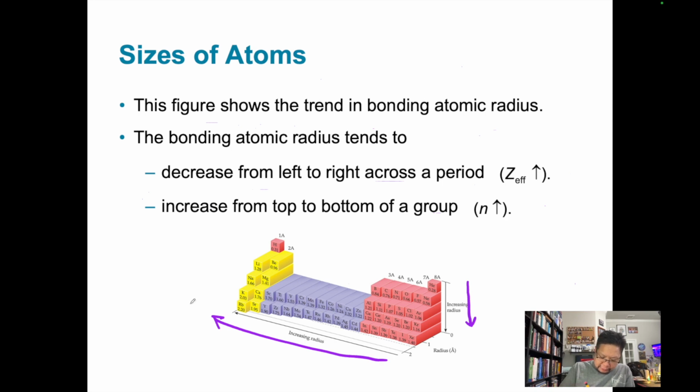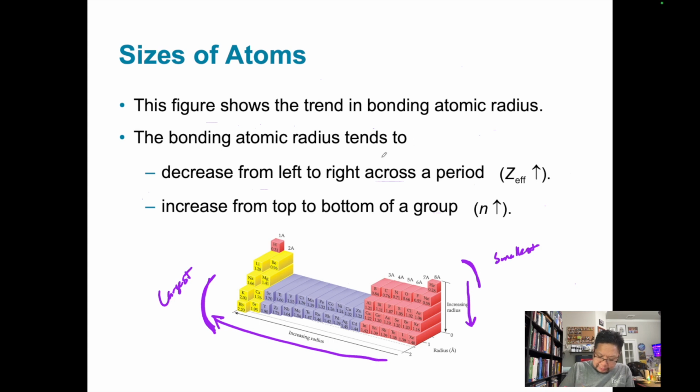And so elements over here on this side of the periodic table, the bottom left, are the largest. And there are also atoms on this side right here, which is the top right, and those tend to be the smallest.